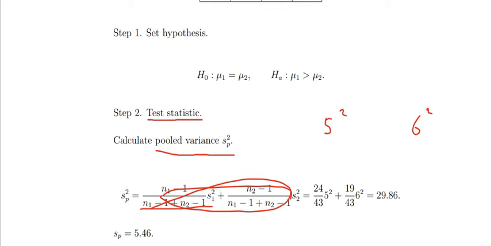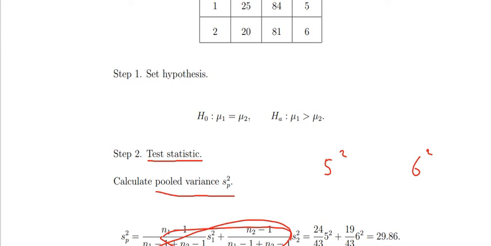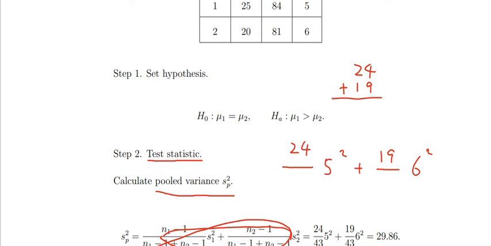This is their variance. So weighted on what? Weighted on their degree of freedom. This degree of freedom is 24, and this degree of freedom is 19, right? So the total, the denominator, is 24 plus 19, which is 43.